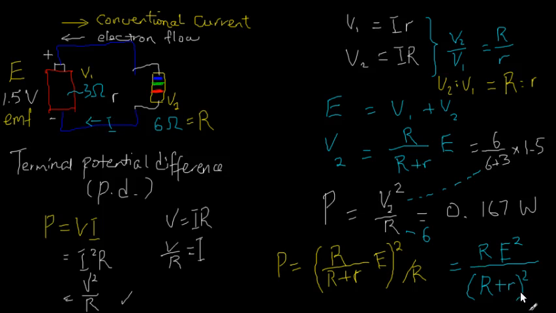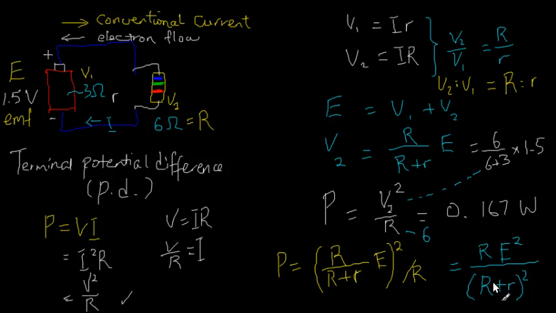It might depend on the current, but I'm just going to assume that to make things simple. And the only thing that would change, therefore, is the big R if I change to another resistor. So we have already seen that when the big R is equal to 6 ohms in this example, if I calculate this formula, I would get this answer, 0.167 watts.